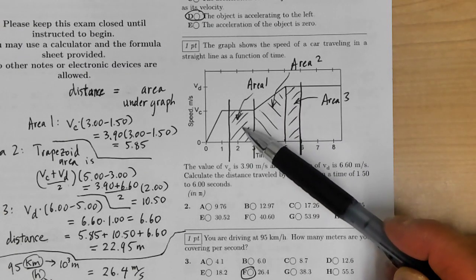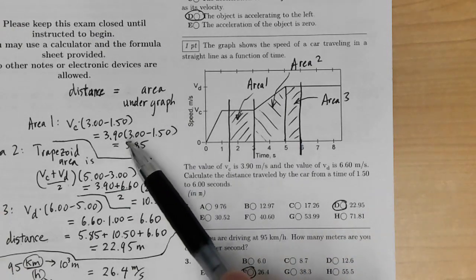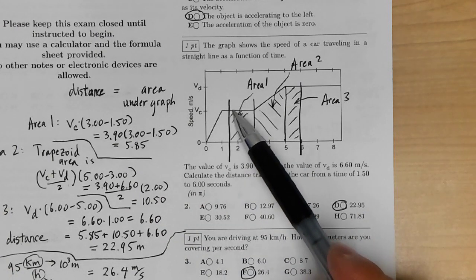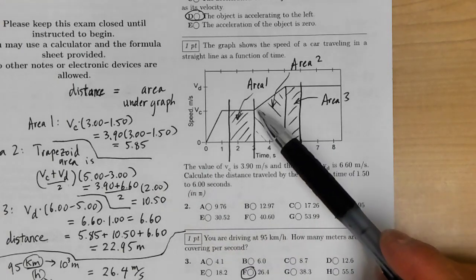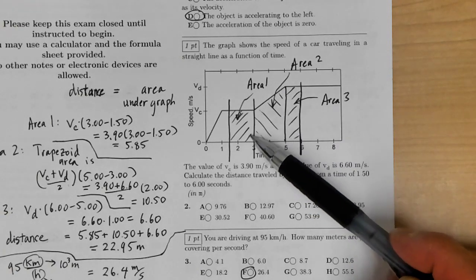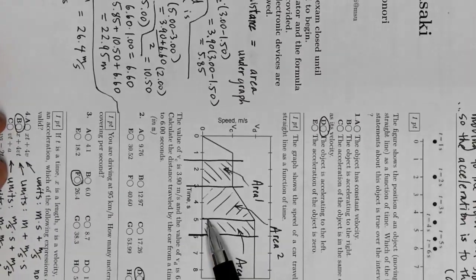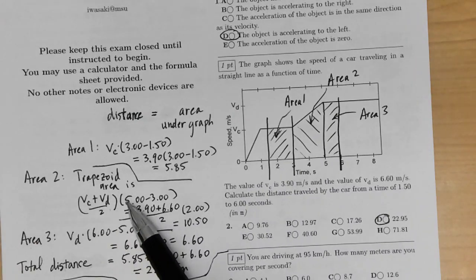The area of this rectangle is 1.5 times 3.9, the height. That comes to 5.85. For the area of this trapezoid, you take the average of the base and the top.